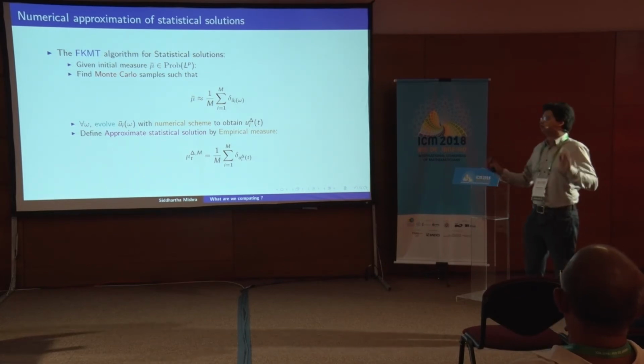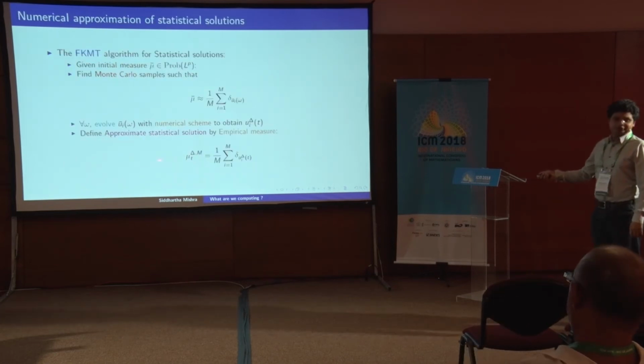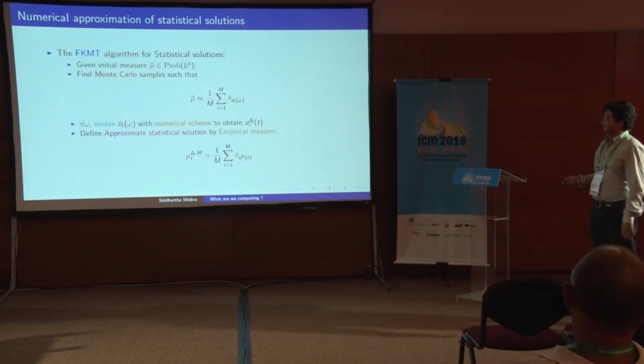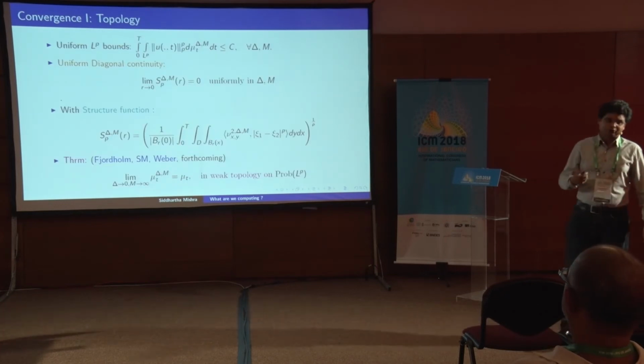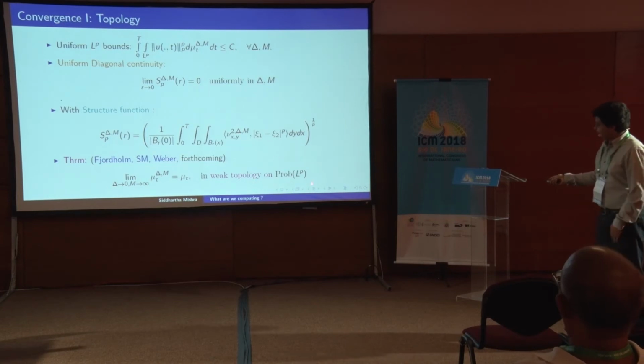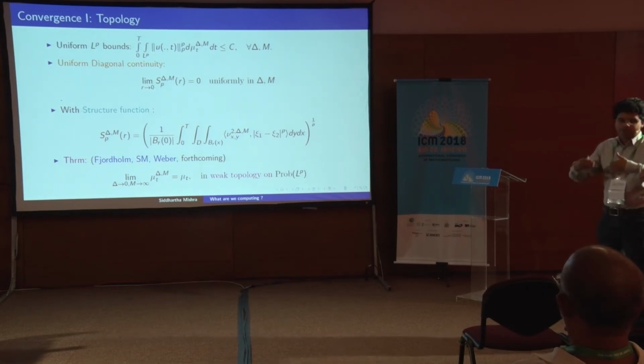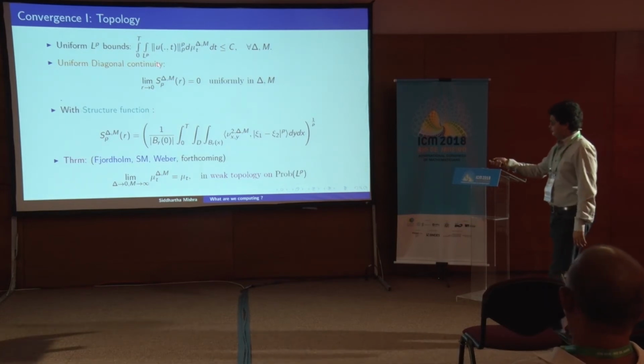This is ensemble averaging. The question is, in what topology does it converge, and does it converge at all? The topology will be a very natural topology on probability measures, the so-called weak topology, but on probability measures on an infinite dimensional space. However, we need some sufficient conditions to check convergence for numerical methods, and these are provided here.